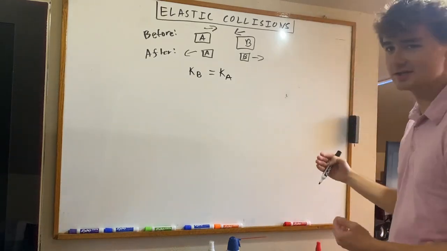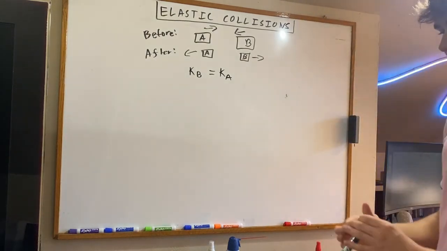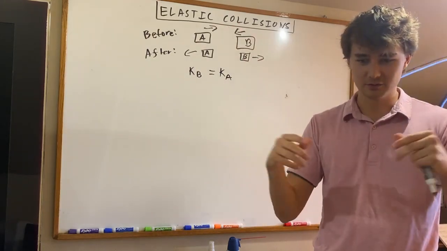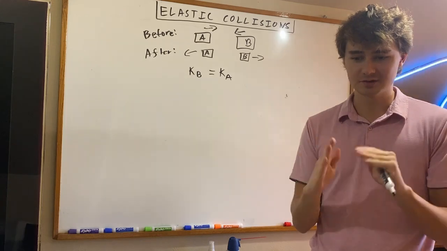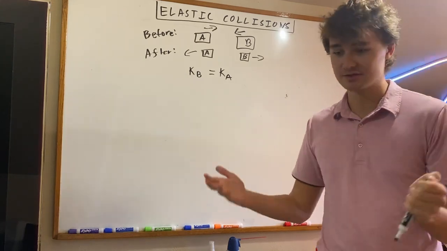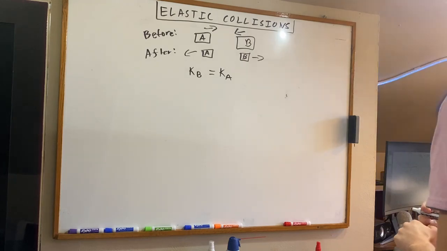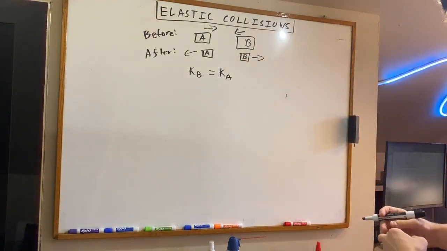So kinetic energy is conserved. None is lost. Think of a rubber band. Elastic collisions, if you stretch it, it's going to return right back where it was to begin with. So it's elastic and energy was conserved. Again, the objects bounce apart in elastic collisions.